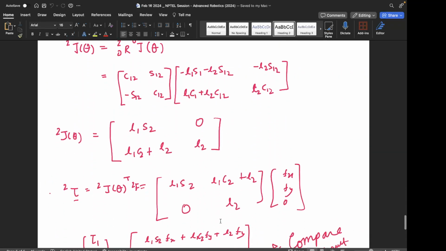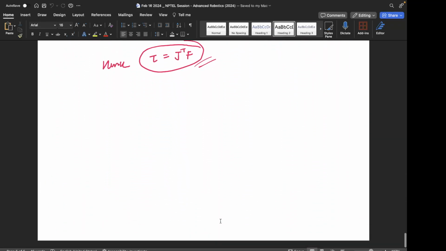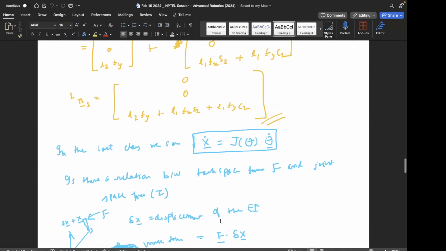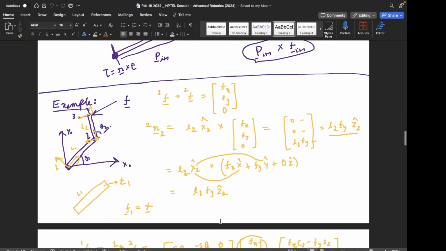I have elaborated on how not to get confused in that. So N2 is the joint torque at the second joint expressed in the second frame. The second frame is attached to the second joint, and the z direction of that frame points outwards of the plane.